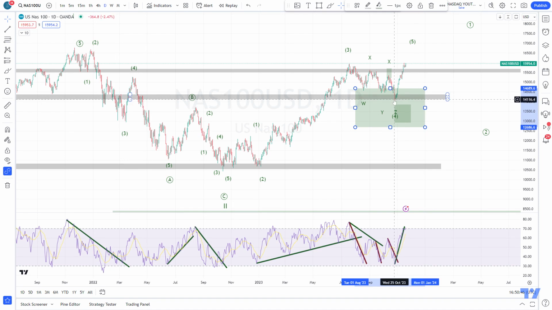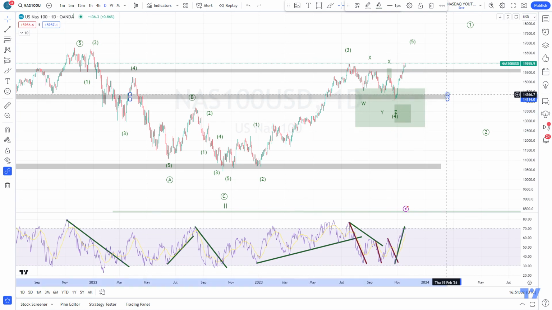And then from here, we have a strong reaction up. This was the moment that the S&P 500 reached the extreme boundary of a wave 4. This is also the moment where the NASDAQ reached this support level, and from here, very strong reaction. And in the meantime, we see that this structure is a new cycle starting from here.